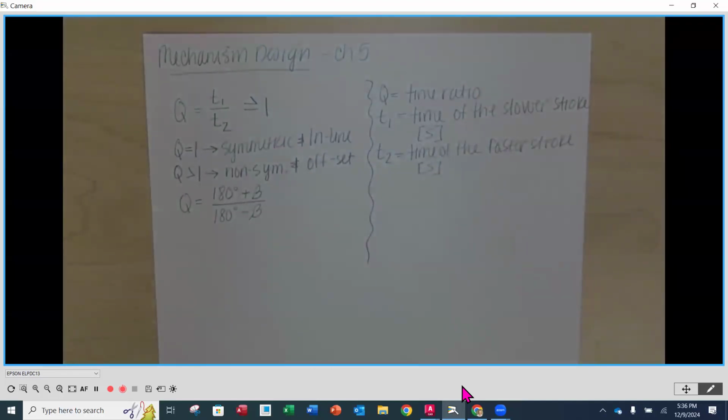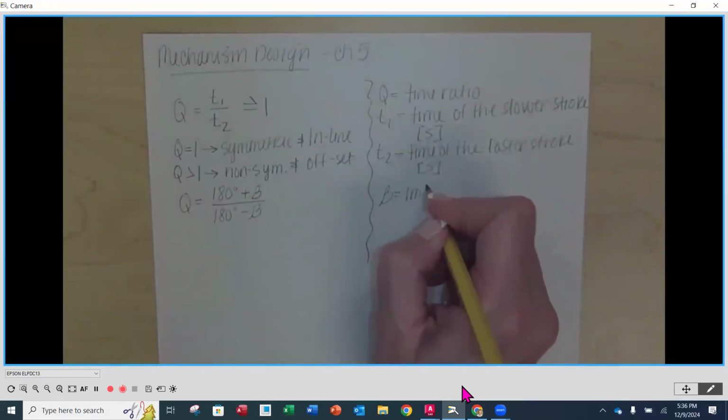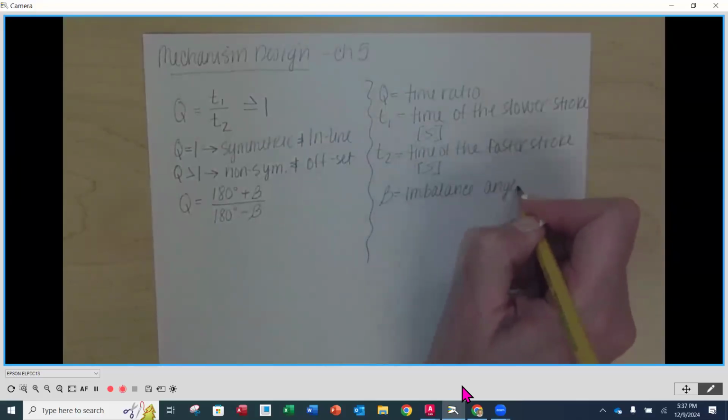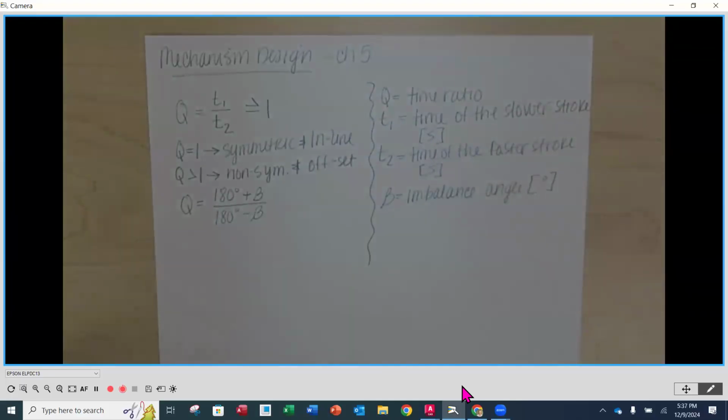Beta is the imbalance angle, and that's going to be in degrees. Sometimes beta will be given, but sometimes we have to calculate it.